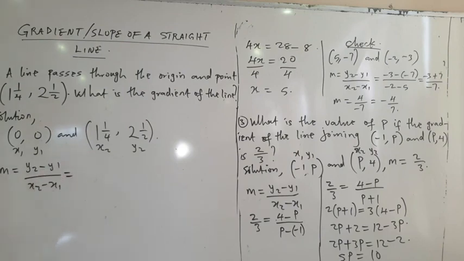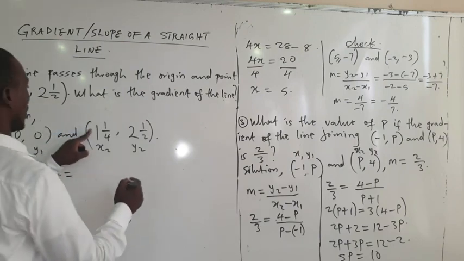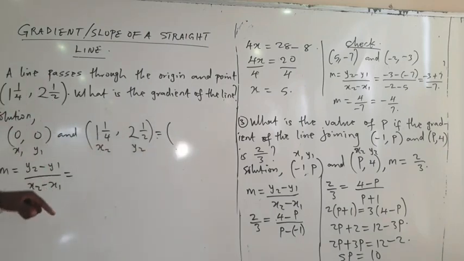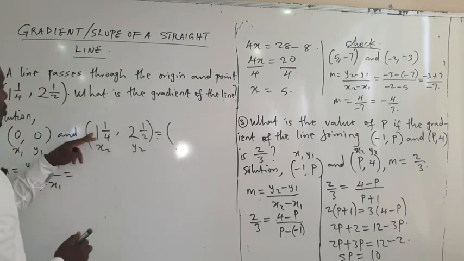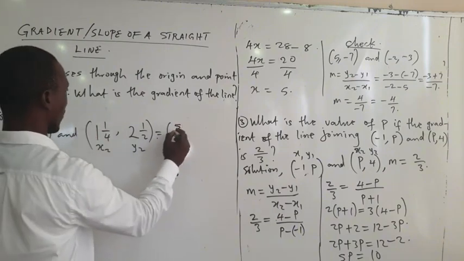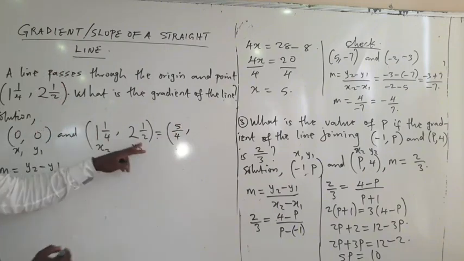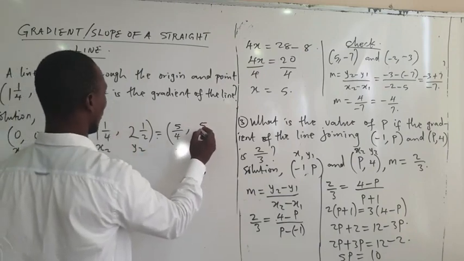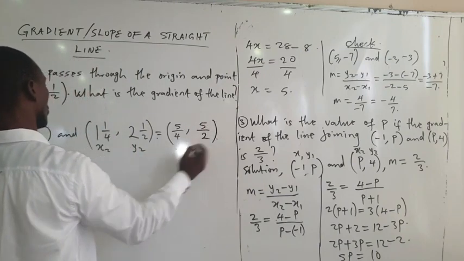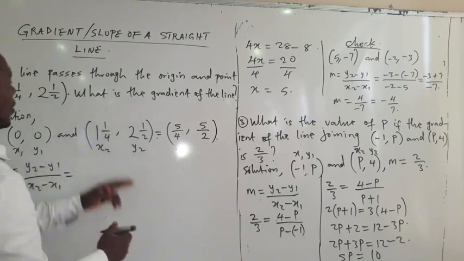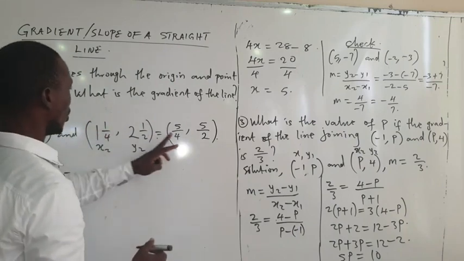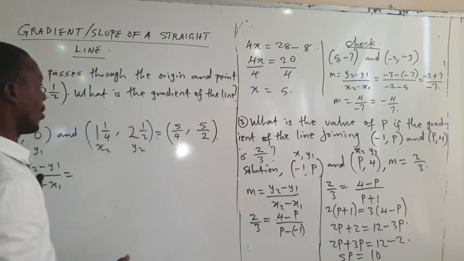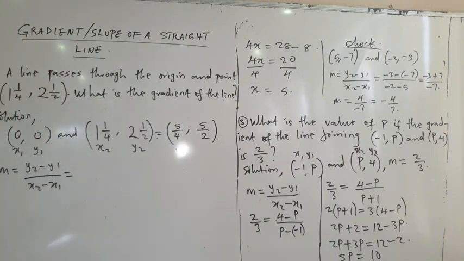So x2, y2 can be written by changing the mixed numbers to improper fractions. We have 4 times 1, 4 plus 1, 5, that is 5 over 4, comma, 2 times 2, 4 plus 1, 5, that is 5 over 2. So instead of 1 and 1 over 4 for x2, you can write 5 over 4, and instead of 2 and 1 over 2 for y2, you can write 5 over 2.